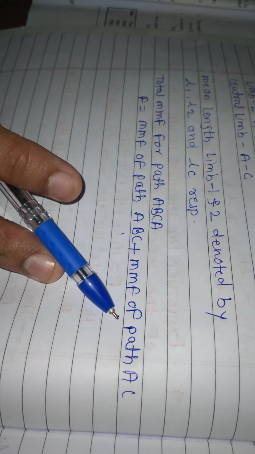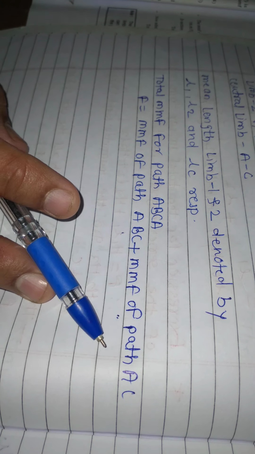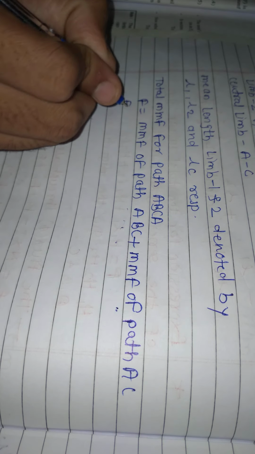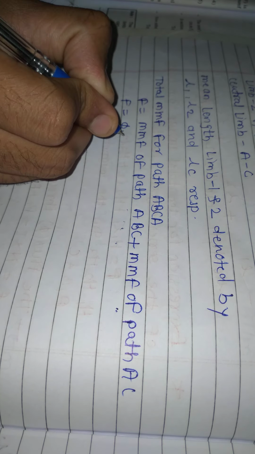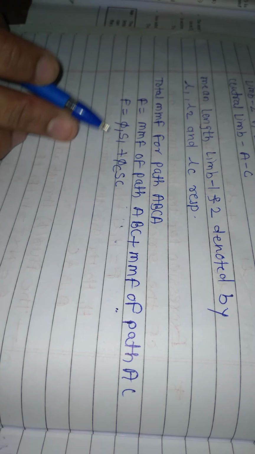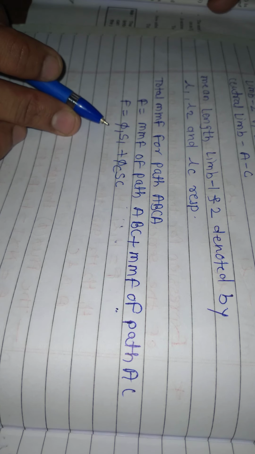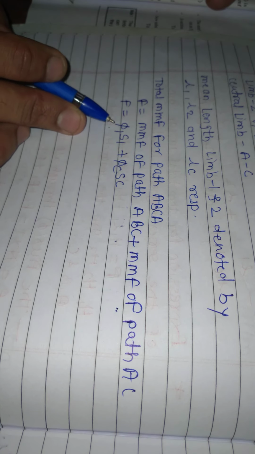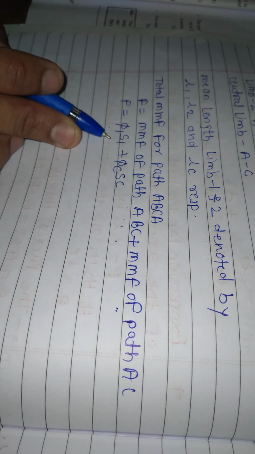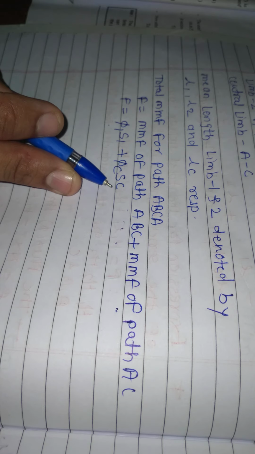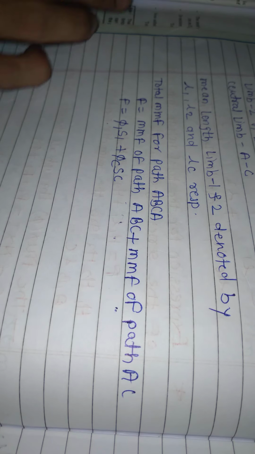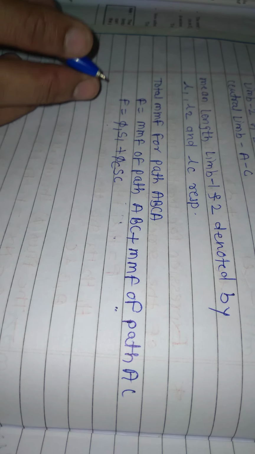So F is equal to phi 1 S1 plus phi C SC. Phi 1 S1 means flux and reluctance for limb 1, plus phi C SC for the central limb. This is because limb 1 and the central limb are in series with each other.